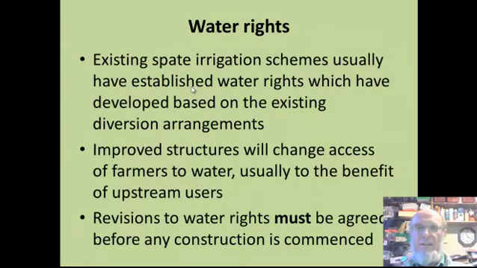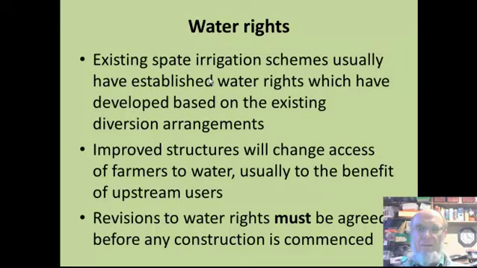Water rights. I touched on this previously. It's worth remembering that existing spate irrigation schemes have usually established water rights which have developed based on the existing diversion arrangements. Now, if we improve the structures, we will change the access of farmers to water, usually to the benefit of the upstream farmers.